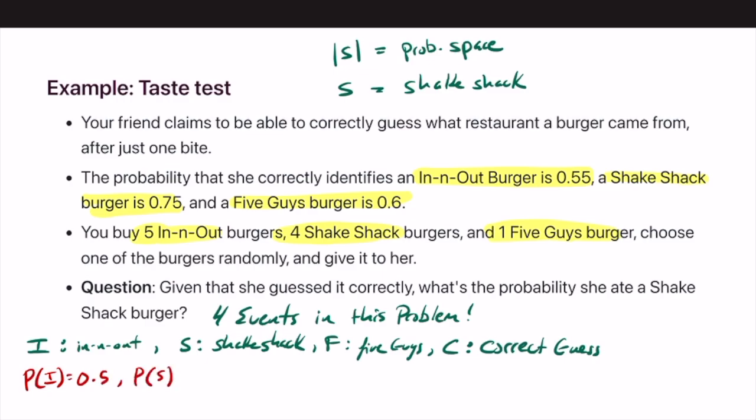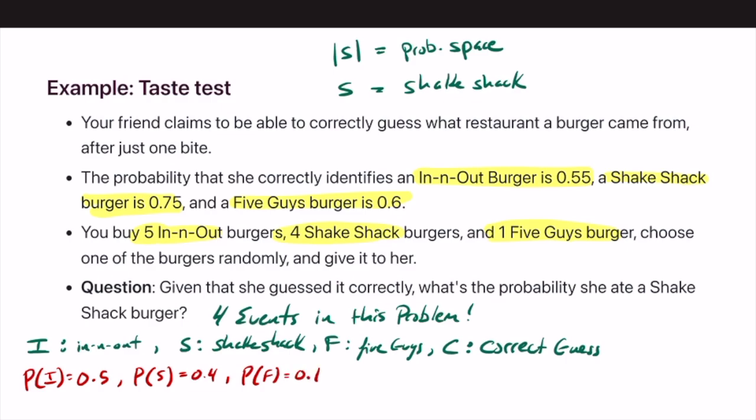And the probability of it being a Shake Shack burger is 0.4. And the probability of it being a Five Guys burger is going to be 0.1.